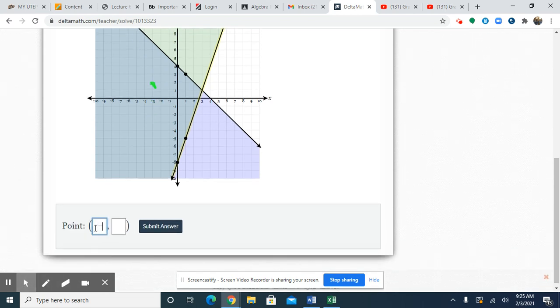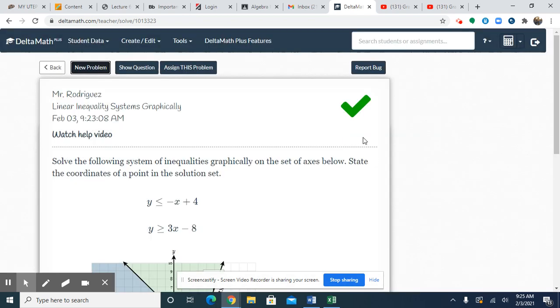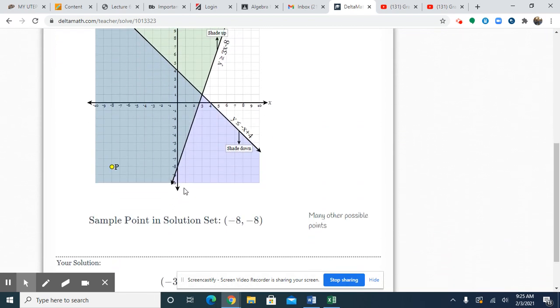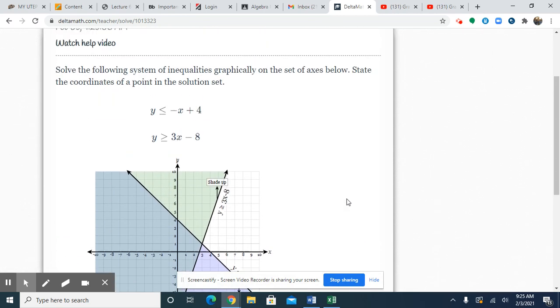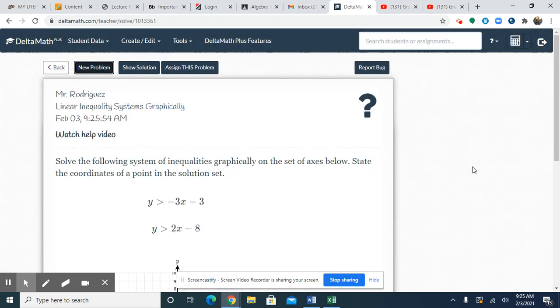So -3 and 2 would be a solution. And for example, right here they use -8 and 8, -8 and -8. I could have used 0, 0 or 1, 1, or even something like 1 and 3 because that falls within the line. Anything at all. There's very many different points.